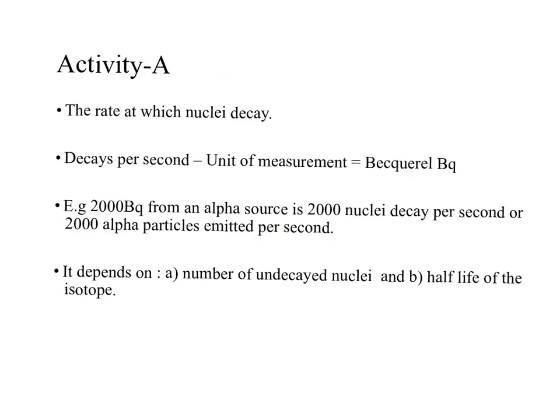So the next thing we need to look at is the activity. Now, activity is defined as the rate at which nuclei decay, meaning how many decays we have per second. So if I were to write an equation for activity, it will be the number of decays per unit time. Obviously, the number of decays doesn't have a unit of its own, but time does.